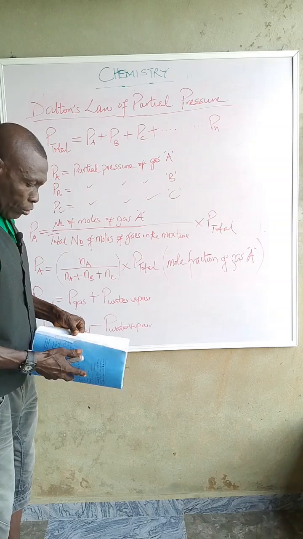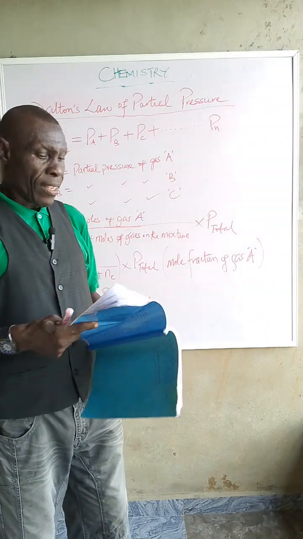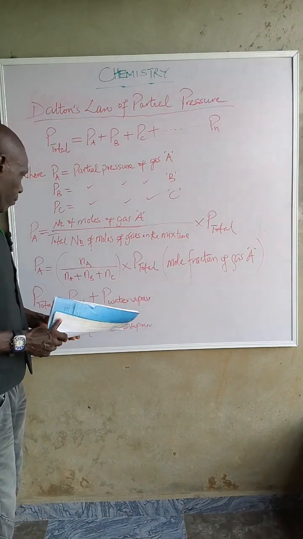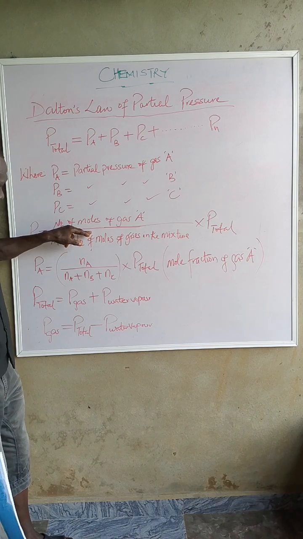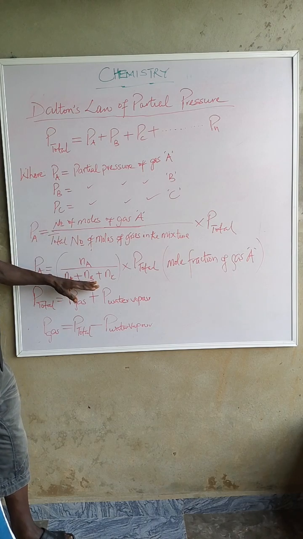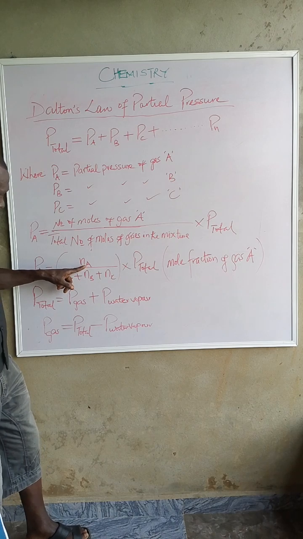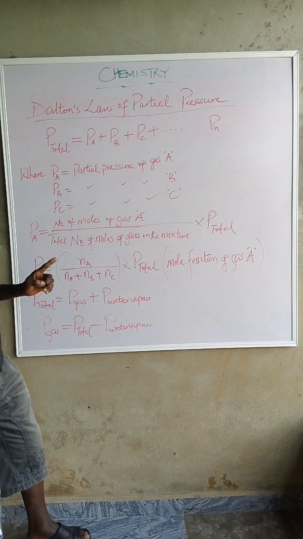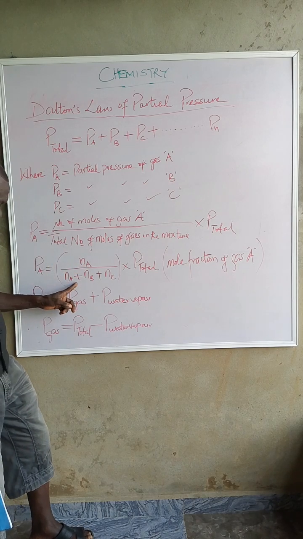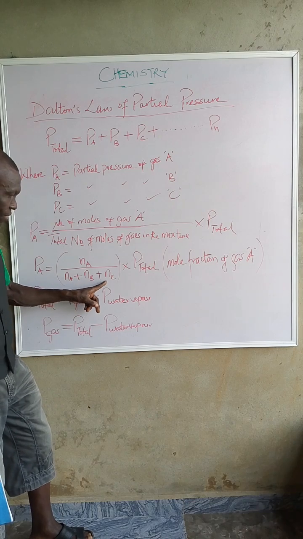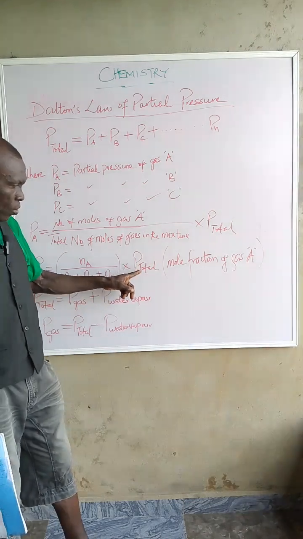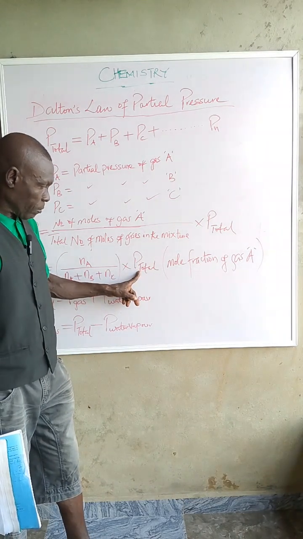Now, let us continue. This expression, we can bring it out vividly. So your PA will be the number of moles of gas A over the number of moles of gas A plus the number of moles of gas B plus the number of moles of gas C, times the total pressure.